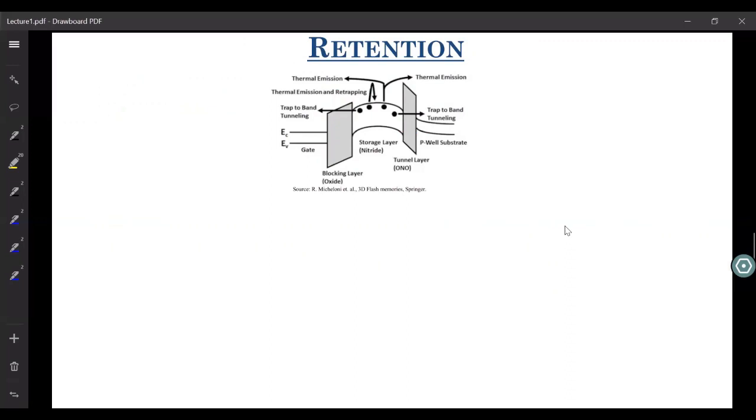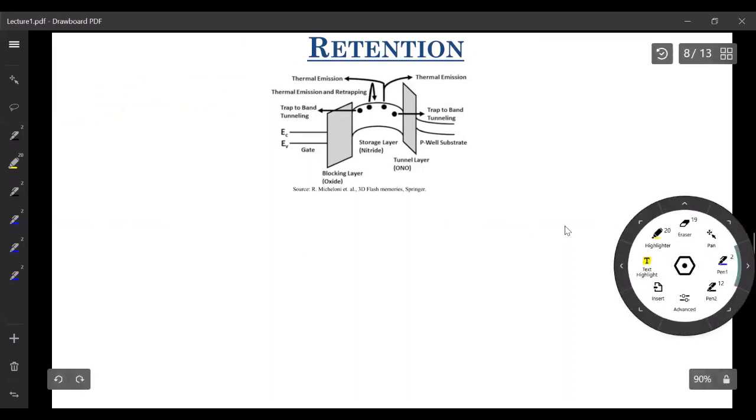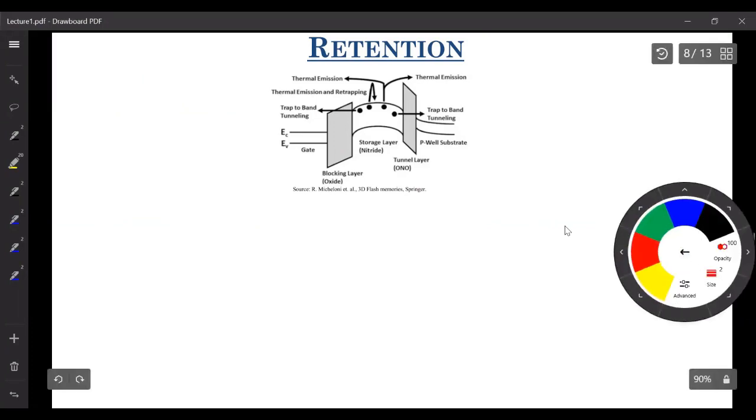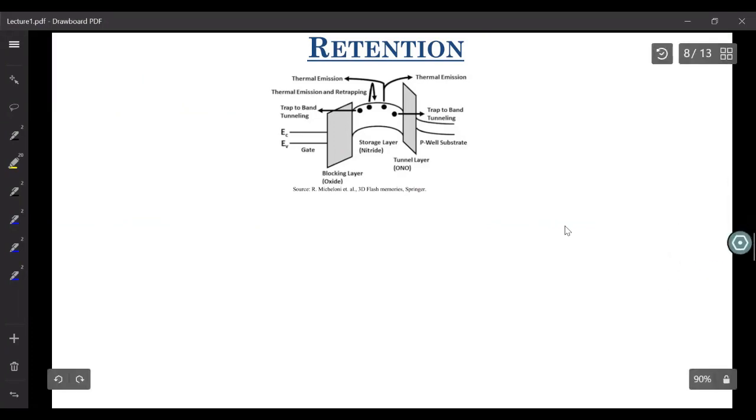Before we get into retention, let us look at this energy band profile. Before we read about the different mechanisms possible for retention failure of this charge trap memory, let us convince ourselves that the energy band profile given in this diagram is actually correct. As I told you before, the direction of bending of this barrier gives you the electric field direction. So here, if you go by that definition, the electric field is directed towards your nitride layer from either side.